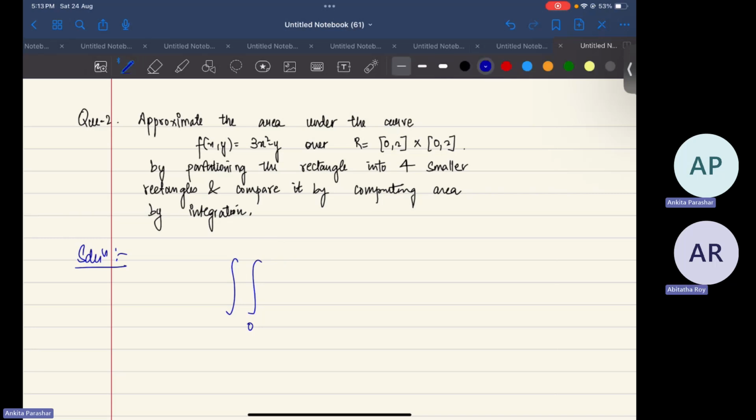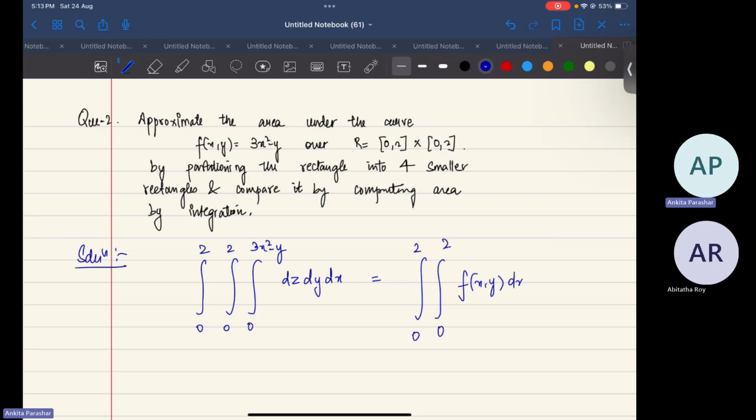I think it's correct, but the way I have written it should be like this: 0 to 2, 0 to 2, dz, dy, dx. Of course, you may not be familiar with this way of writing it. You may be familiar with f(x,y) dx dy, but this form gives the volume, right?